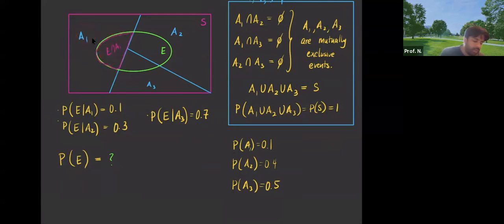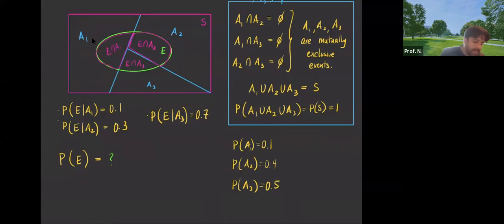And then you guys follow what happens after. Then what is this region here? You can't call it E1, but the more specific way is E intersect A1. This would be E intersect A2, and lastly, this would be E intersect A3. Does everybody follow?